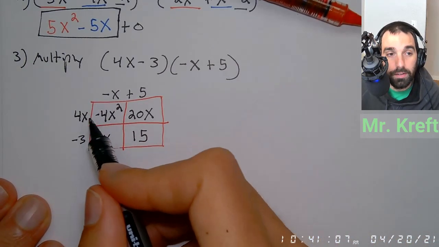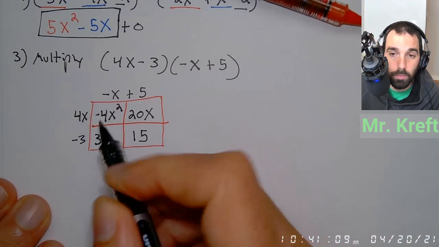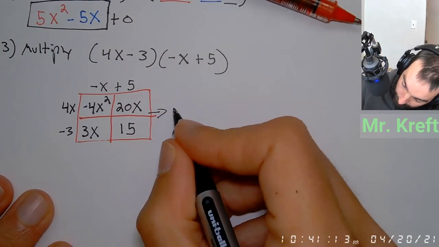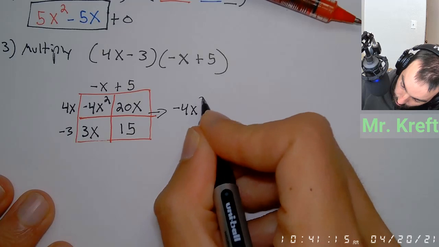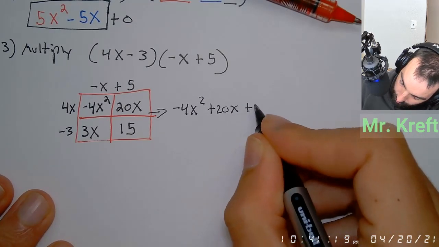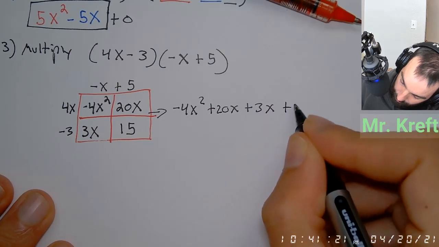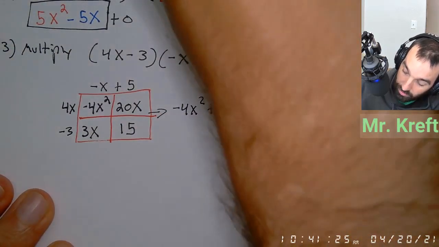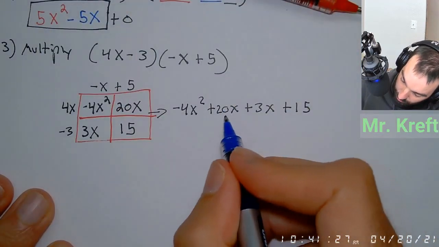Okay, so that's the first step. I want to go ahead and find the small area of each box. Then we're going to add all those areas up. So I have negative 4x squared, I have 20x, I have 3x, and I have 15. Notice now, this is why we did adding and subtracting first.